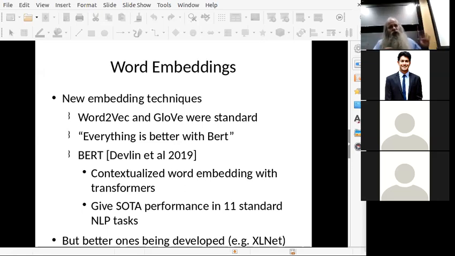Now, admittedly, we already had a thing called Elmo that was sort of similar, so you could easily swap out Elmo and put in BERT, and BERT was better. Done by Google, it actually gave substantial improvement, state of the art, on 11 standard NLP tasks. And almost nobody had done that at that time, saying, okay, here's a standard representation, I'm going to try it on all these tasks.